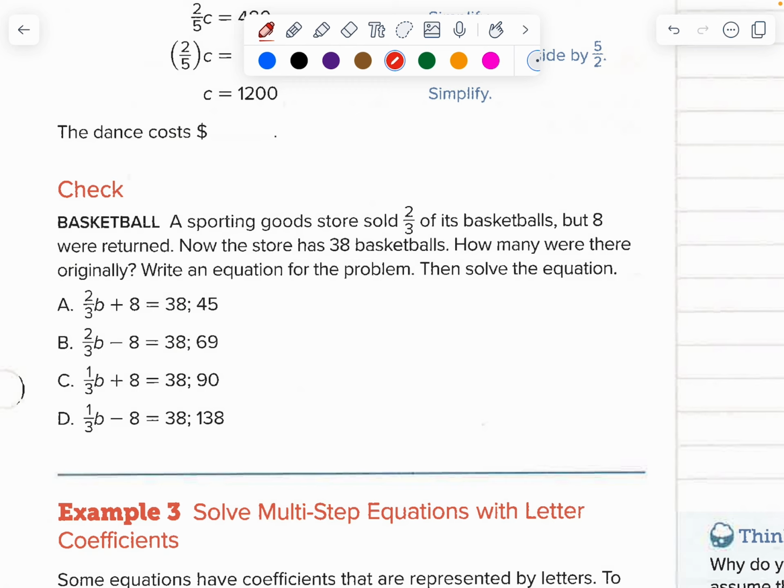How many were there originally? So, what are we looking for? Right here it says originally. And they used B, so we're going to do let B equal the original number of basketballs.